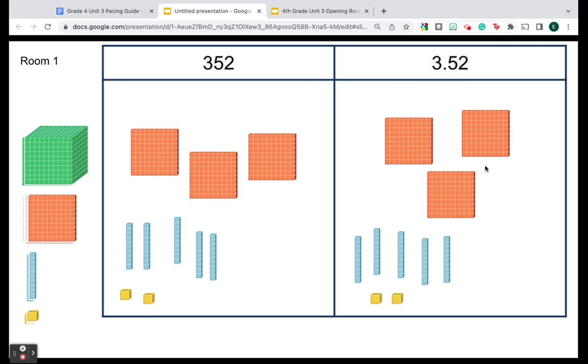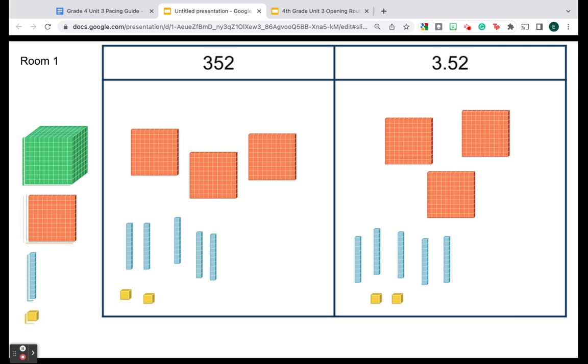Now, these orange blocks are worth 1. 1, 2, 3. These blue blocks are worth a tenth. 1/10, 2/10, 3/10, 4/10, 5/10. And my yellow blocks are worth a hundredth. 1/100th, 2/100ths. I multiply the value times 10 as I go up those different blocks.